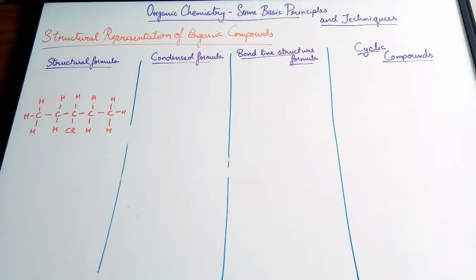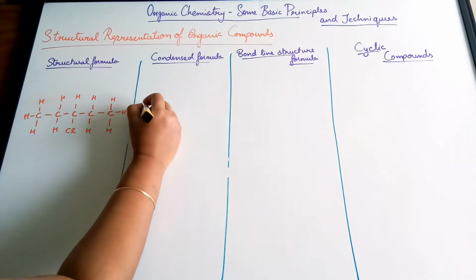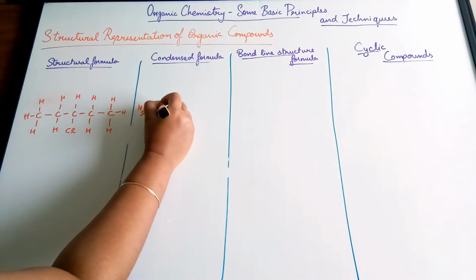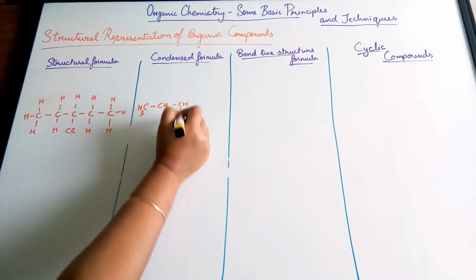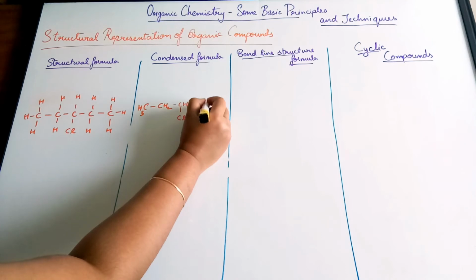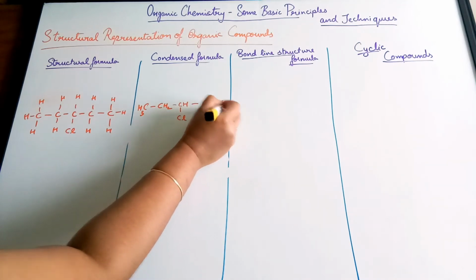So the condensed formula for this particular molecule will become CH3, CH2, CH, Cl, CH2, CH3.